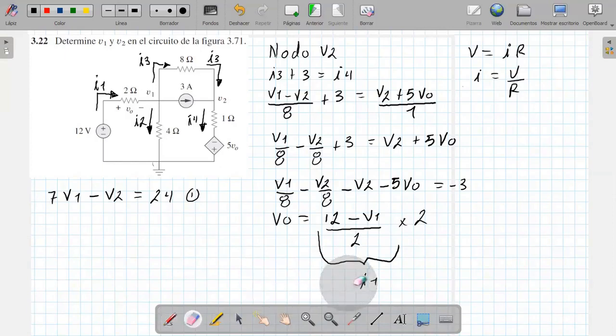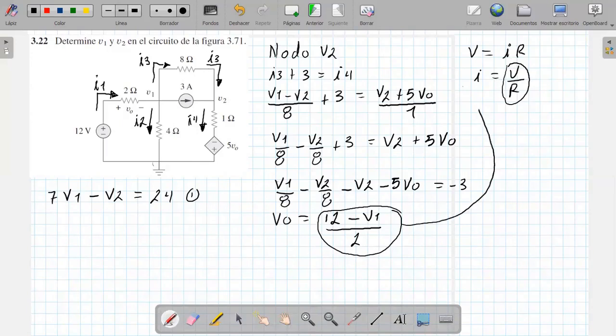Let's see if I explain myself well. I have to find the voltage across this resistor, and the voltage is current times resistance, but the current is 12 volts minus the voltage B1 over 2. Voltage over resistance is current. So 12 minus B1 over 2 gives me the current.